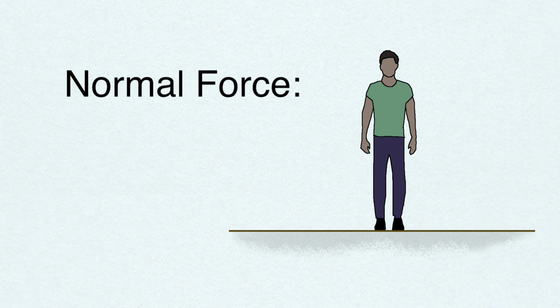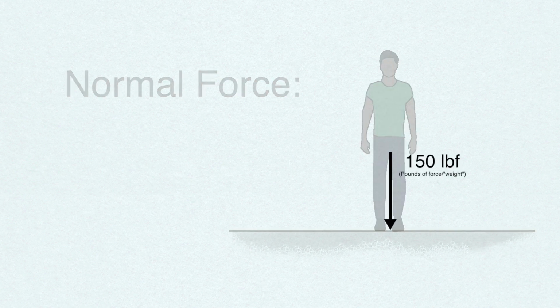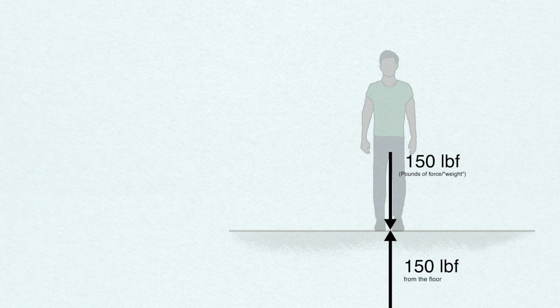Here's another example. A person is exerting 150 pounds of weight, not 150 pounds of mass, but 150 pounds of weight, which is a force. The person is exerting 150 pounds of force onto the floor. The floor will have to exert an equal and opposite 150 pounds of force as a reaction.